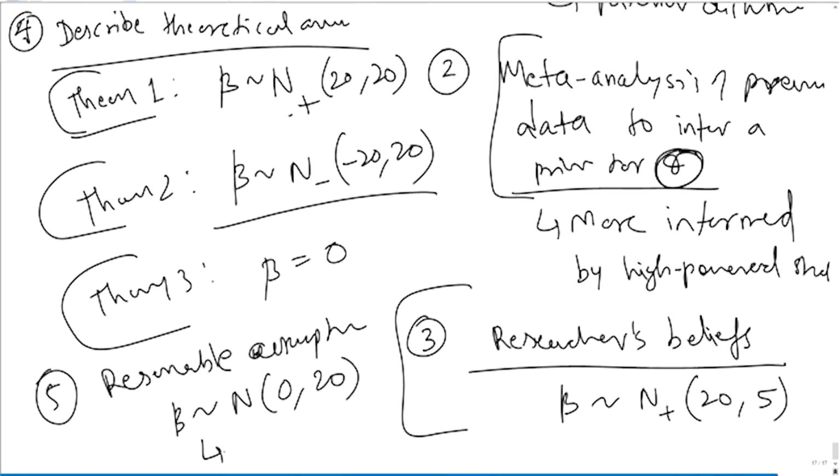In this situation, you can specify a weakly informative prior. A prior which is not completely uninformative, it is slightly informative but weakly informative. So it wouldn't affect your posterior too much, but it would still give some quantifiability about what your assumption is, right? Based on this prior, you can say that you had a prior assumption that the likely value of beta is between minus 40 and plus 40.